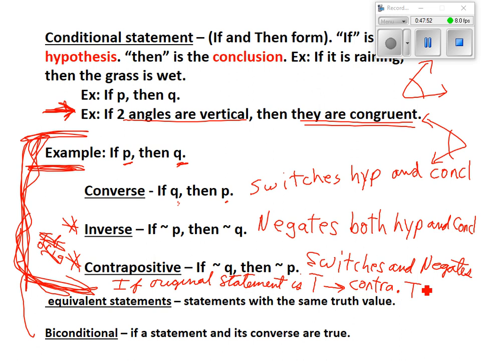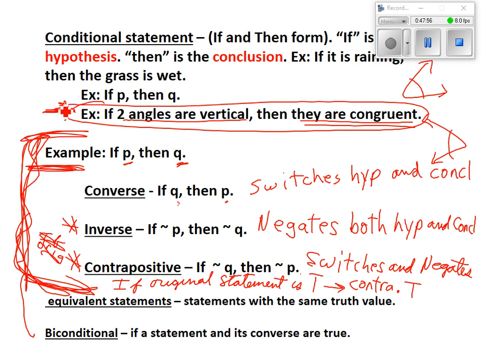So if your original statement, if this statement's true, about 99.9% of the time, the contrapositive is going to be true. So if Ethan has trouble deciding with the contrapositive because it's usually real wordy and sort of confusing, then go back and look at the original statement and say, well, that was true, so I'm going to guess this is true.